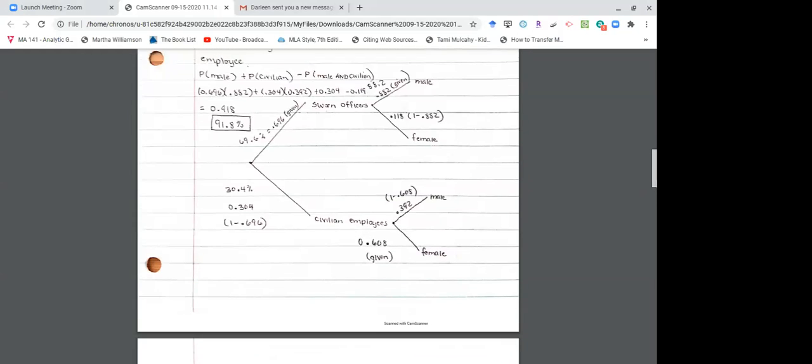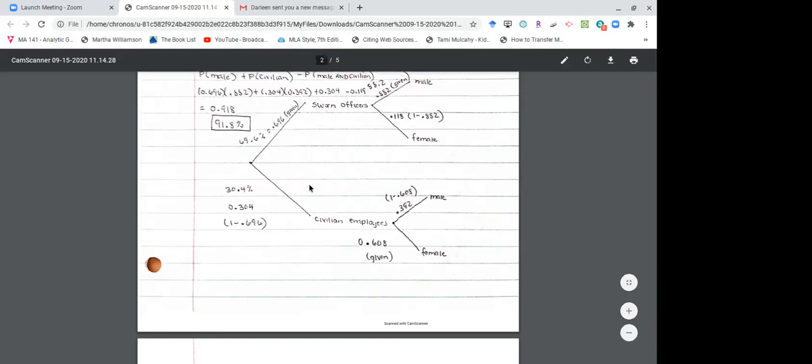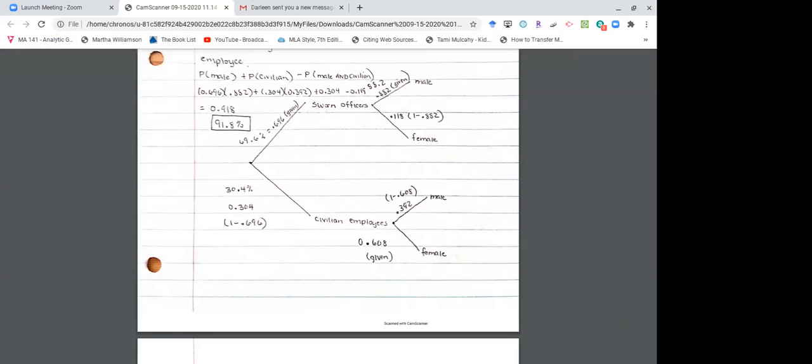So here I have a dot, and how far in your dot goes on the page depends on how big your tree diagram is going to be. But you see here that we have two kinds of employees, sworn officers and civilians. So they are on separate branches. They give us the percentage of sworn officers, 69.6%. That was given to us.